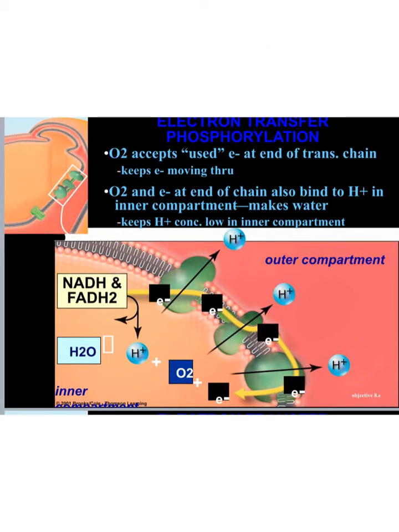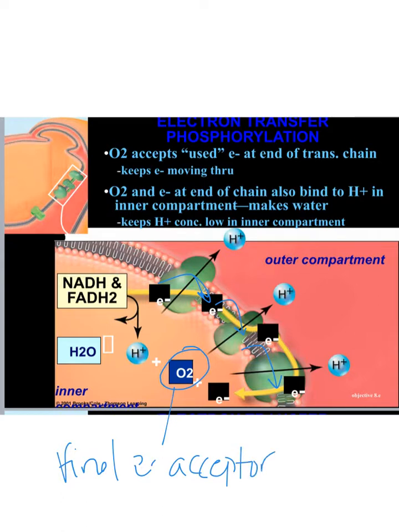Okay, so the electron, remember, is going to bump down this chain. It's going to fall down the steps until it gets to the last step. And the thing that is waiting for it at that last step is oxygen. Remember, this is why we called oxygen the final electron acceptor.